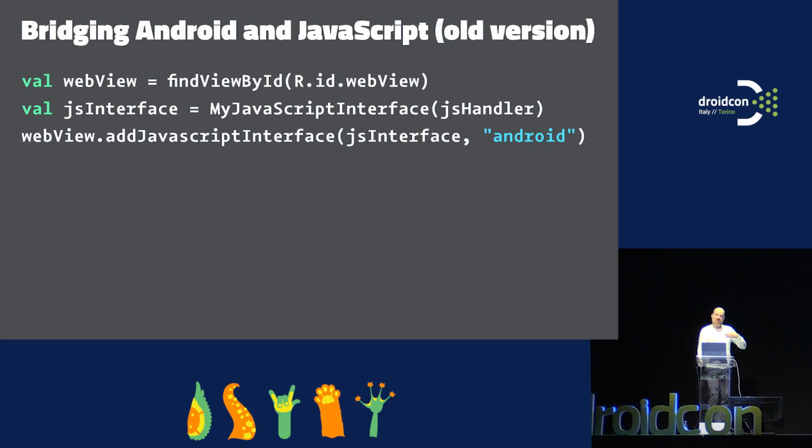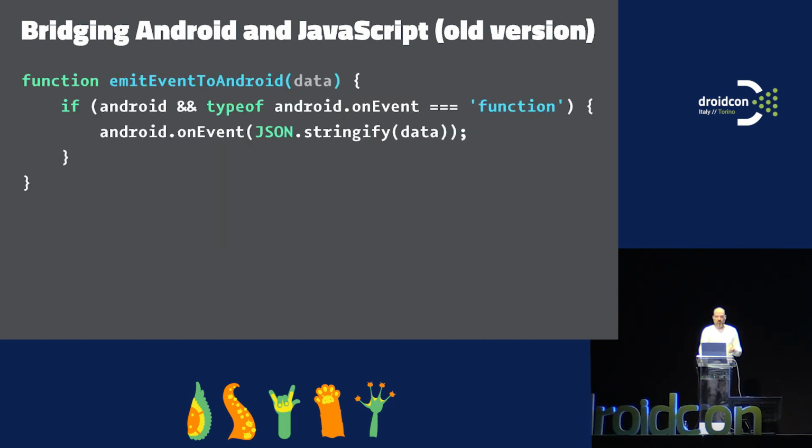Okay. What about the other direction? What if you want to call a JavaScript function from Android? Well, you can do that also. Sorry. First, the JavaScript version of sending an event to Android. In the JavaScript world, we have a function called emitEventToAndroid. In that one, we check if the Android object actually exists.